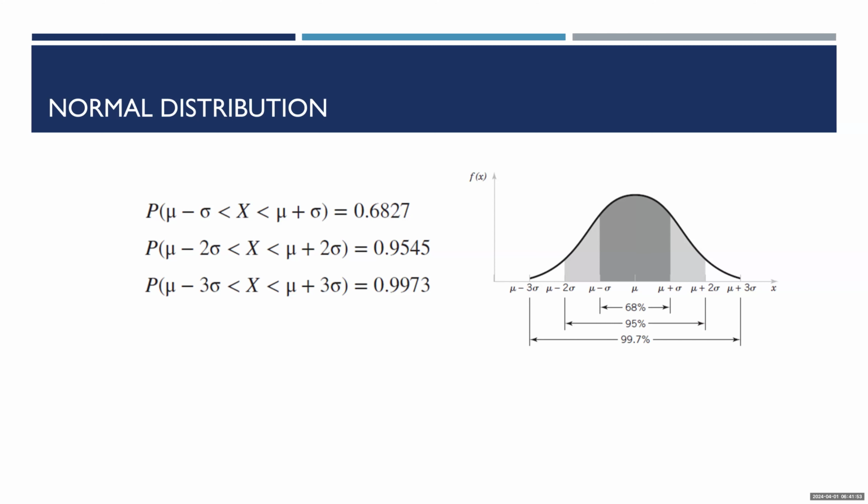Two standard deviations away from the mean, plus or minus two standard deviations, covers 95% of the data under the curve. Three standard deviations, or plus or minus three standard deviations away from the mean, covers 99.7% of the data under the curve.